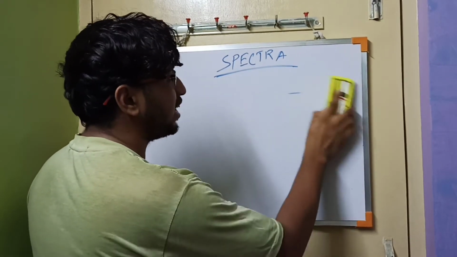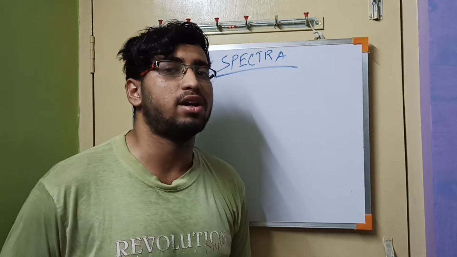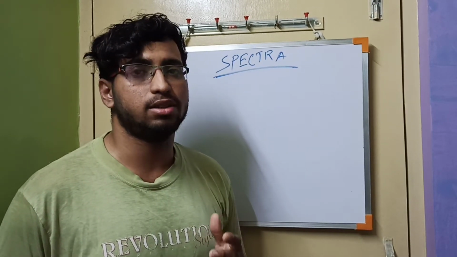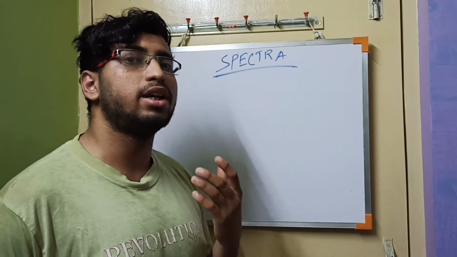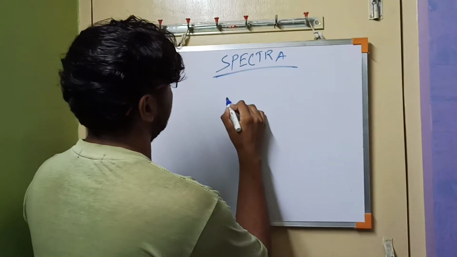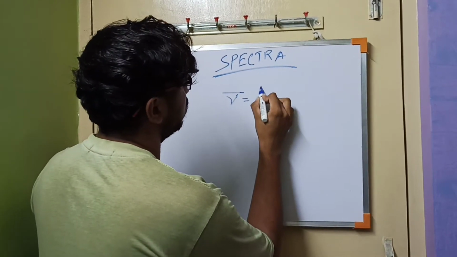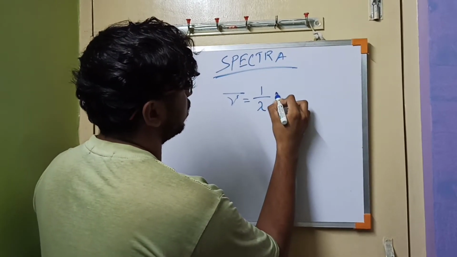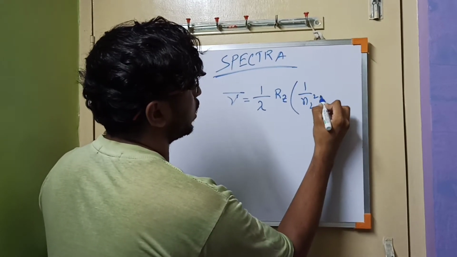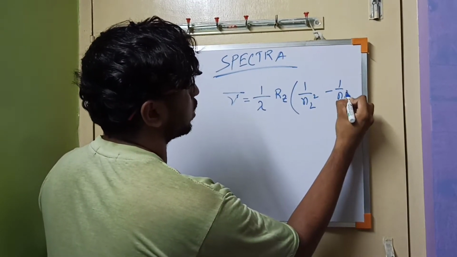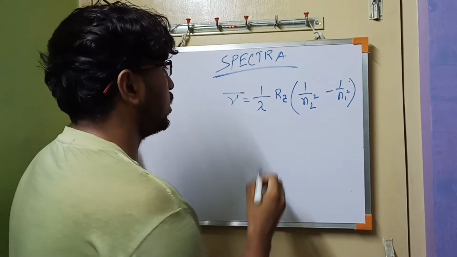So, as we have said that there is a particular frequency or wavelength for a series or a line spectra, it can be presented by an equation, that is nu bar, the wave number, equal to 1 by lambda equals Rz times (1 by n2 square minus 1 by n1 square). Firstly we have to know what Rz is.